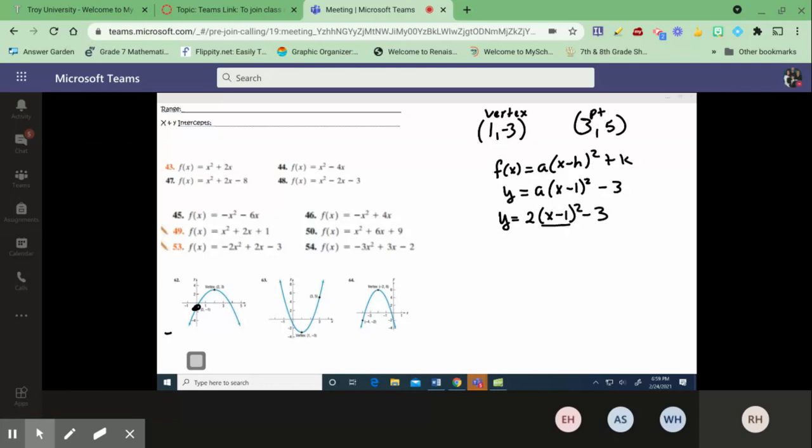So when I FOIL out x minus 1 times x minus 1, x squared minus 2x plus 1 minus 3. 2x squared minus 4x plus 2 minus 3.